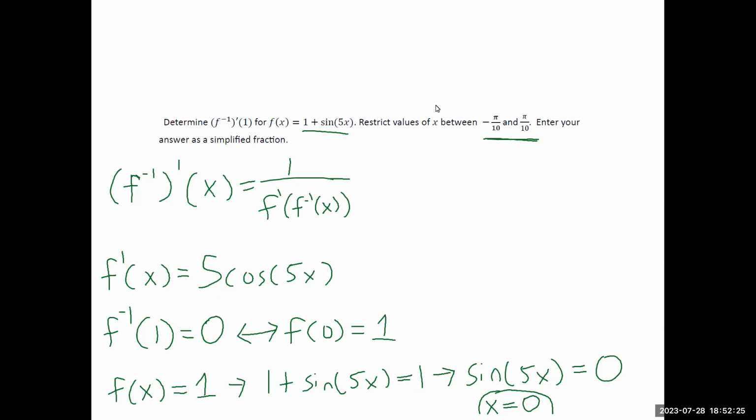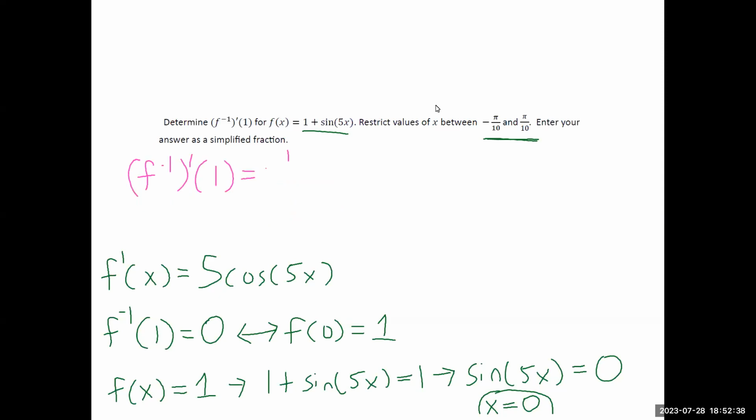Now, coming back to our derivative. Here we want f inverse prime of 1, which is given by 1 over f prime of f inverse of 1. Well, we just determined that f inverse of 1 is equal to 0.